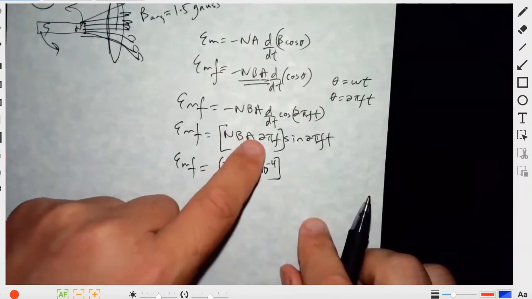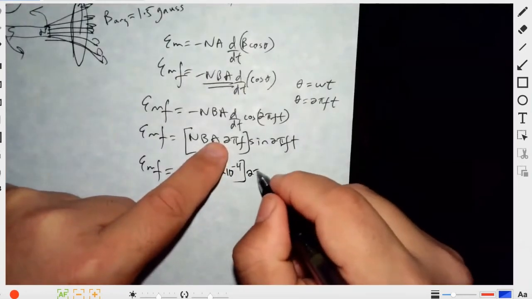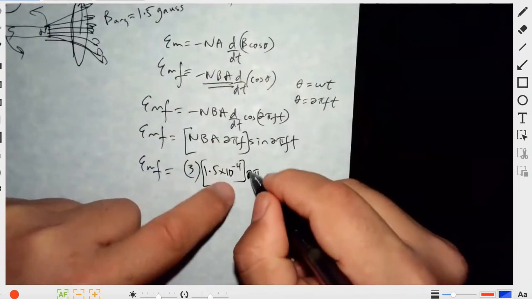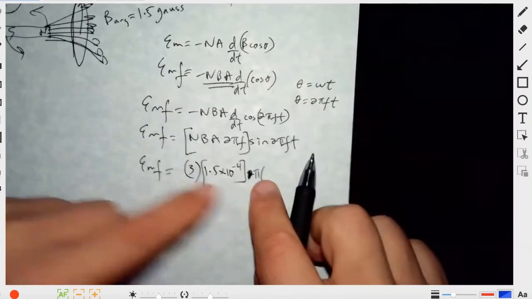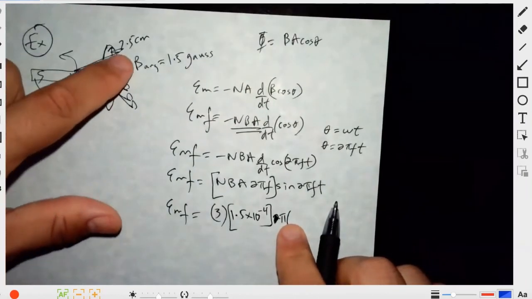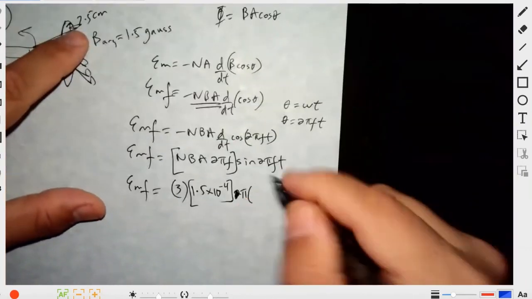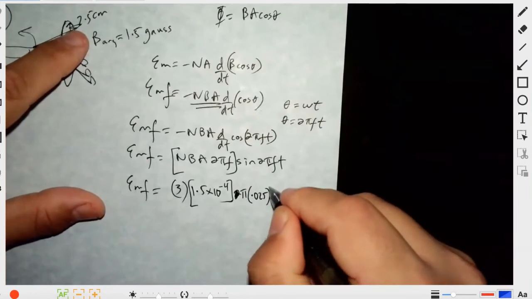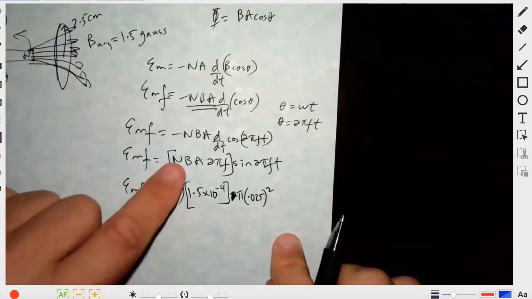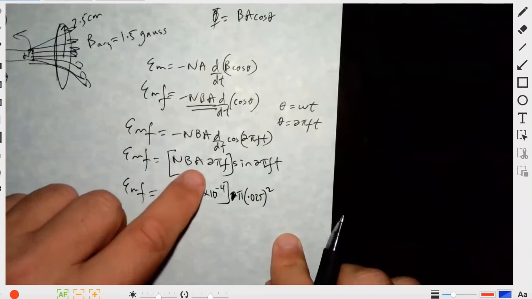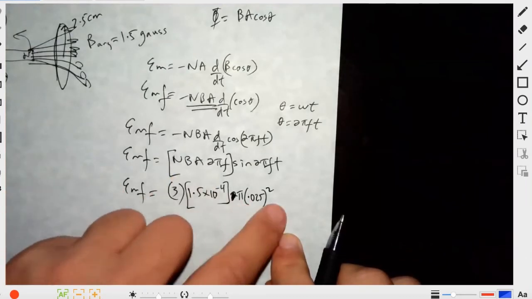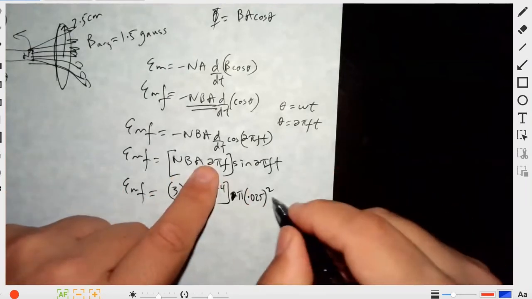Our area is, sorry, pi times r squared. Our r is 0.025 centimeters. So the turns, the B field, the area, pi r squared, and then 2 pi.